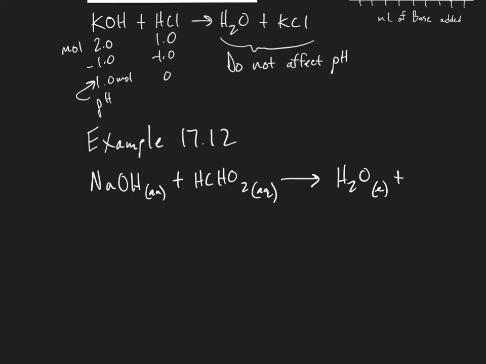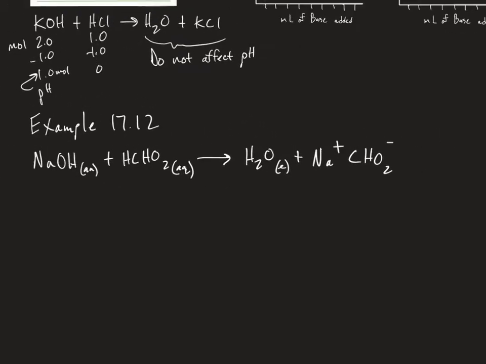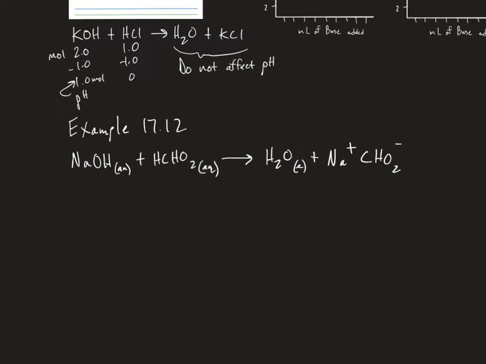So what's our other product then? Well, it's going to be Na plus, and then the anion, in this case the formate anion. So the Na plus will match up with the CHO2 minus species, and we'll get sodium formate.